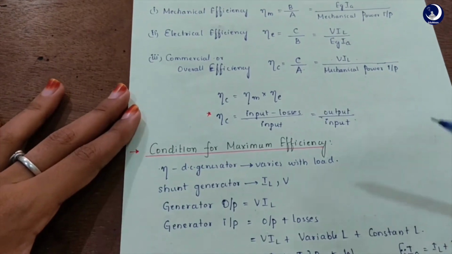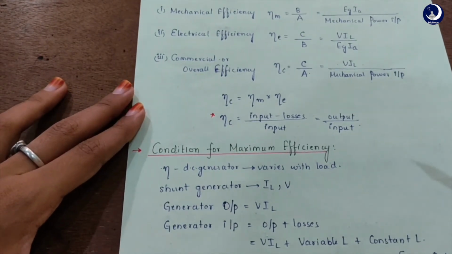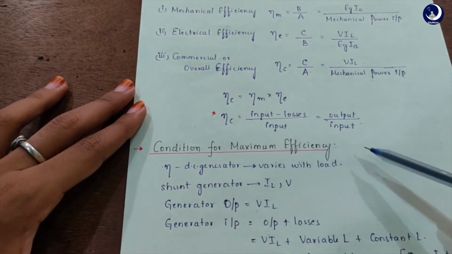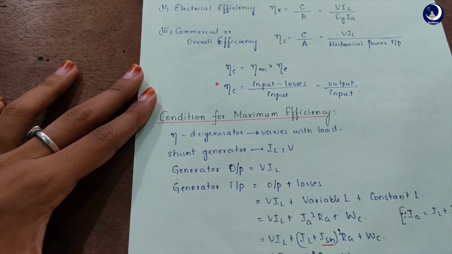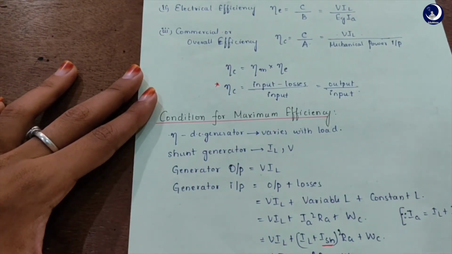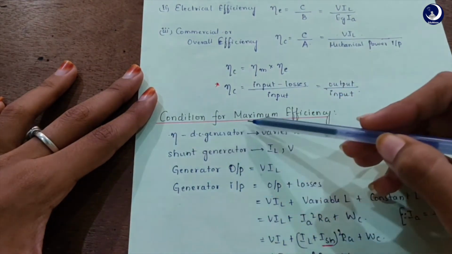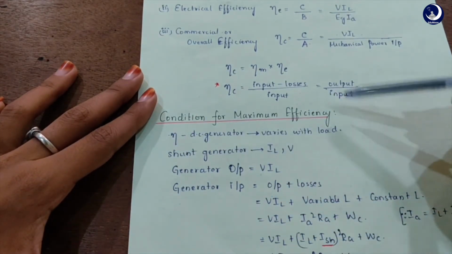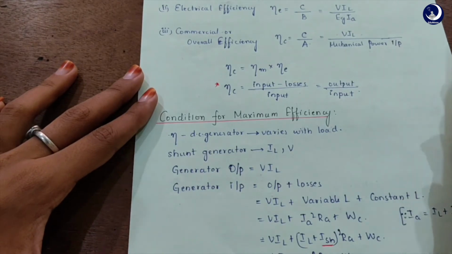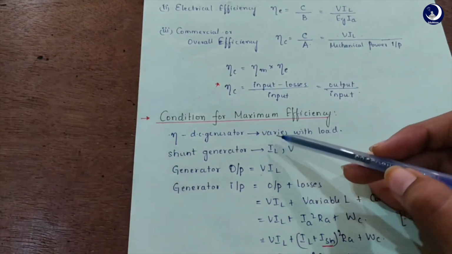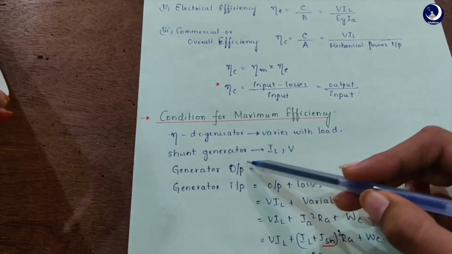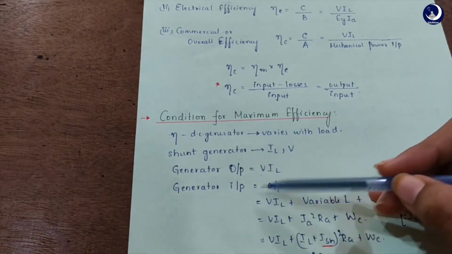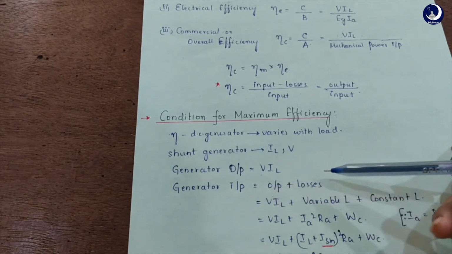Now we will look at the condition for attaining the maximum efficiency. We'll consider a DC generator, whose efficiency varies with the load. So if we consider a shunt generator which has a load current IL and terminal voltage V, what is the generator output? It is V into IL, right? And the generator input is output plus losses.